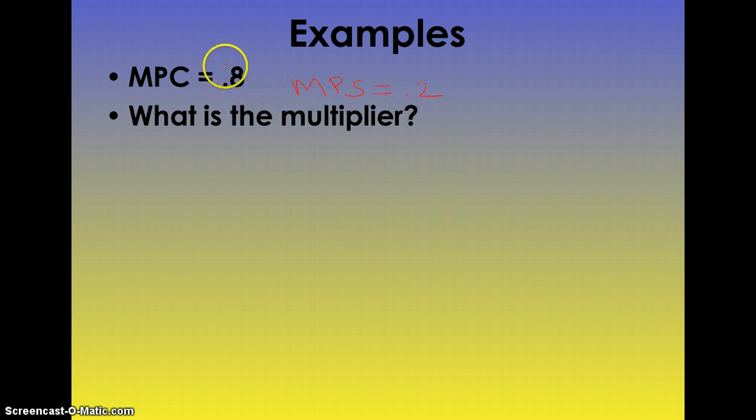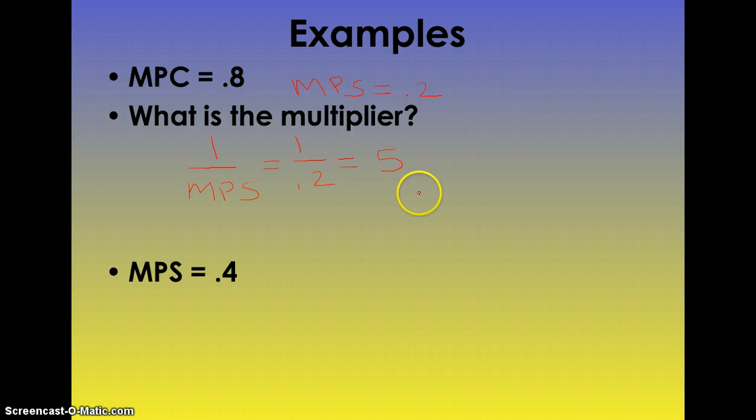So if I'm spending 80% of that dollar, I must be saving 20% of that dollar. So what's the multiplier? 1 divided by the MPS, which I know to be 1 over 0.2, and 20 cents into a dollar, or 1 divided by 0.2, is simply 5. So my multiplier is 5.